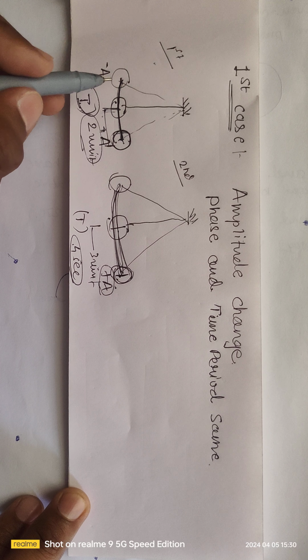Here the time period is also the same. We start oscillations from the plus A or plus B position, the extreme positive side. So both phase and time period are the same, but amplitude is changed.